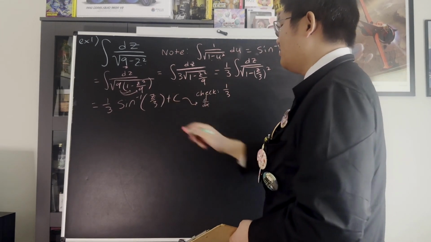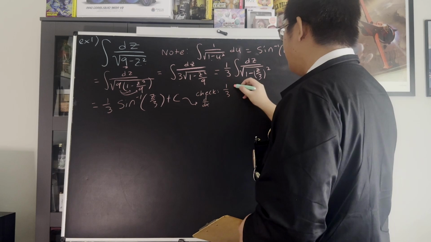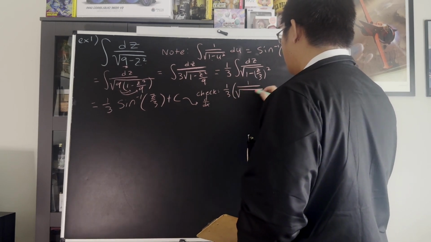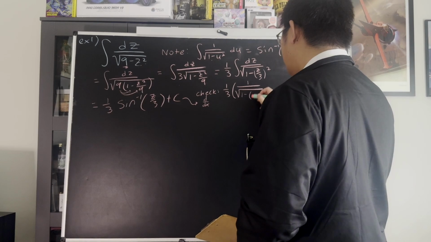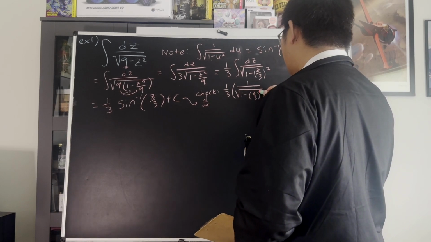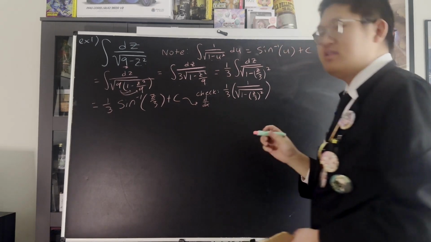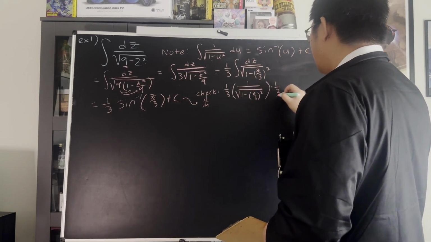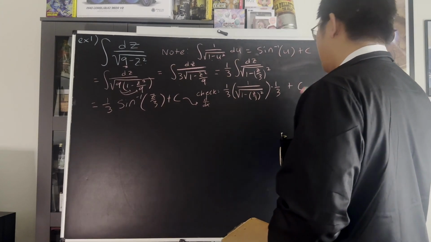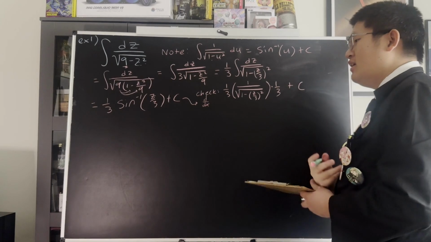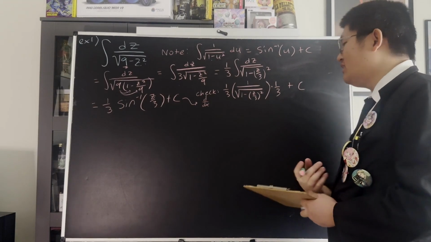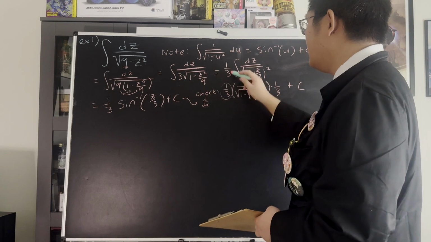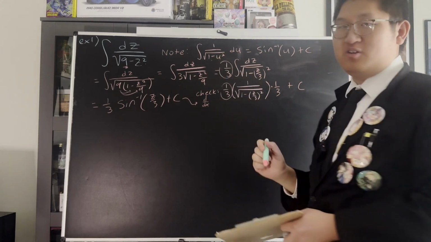Then the inverse sine of z over 3 will give us the lovely ratio of 1 over the square root of 1 minus all of z over 3 squared. But we're not quite done yet, as we need to multiply by 1/3 thanks to the chain rule, plus c. We have matched up almost everything, but now we have a little bit of an issue, because this 1/3 does match with that 1/3 that we started with.